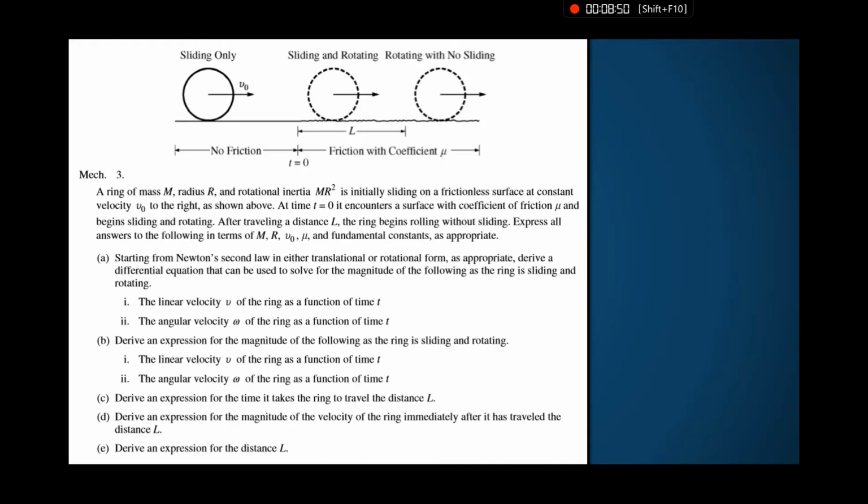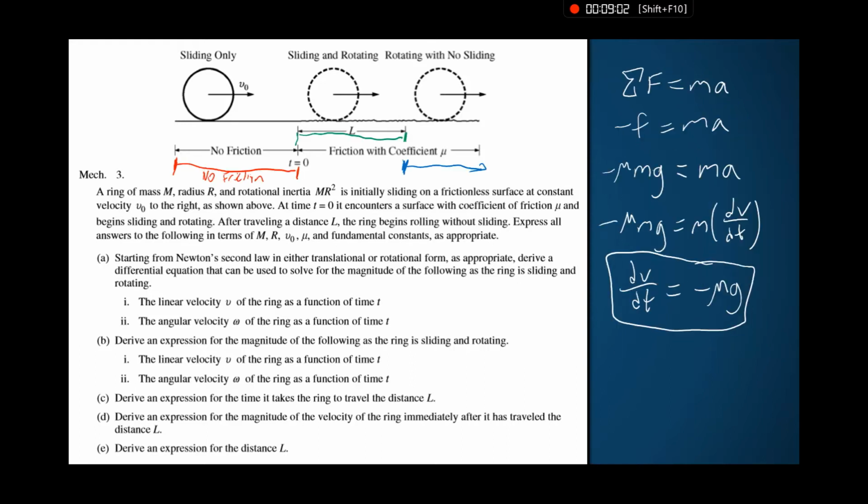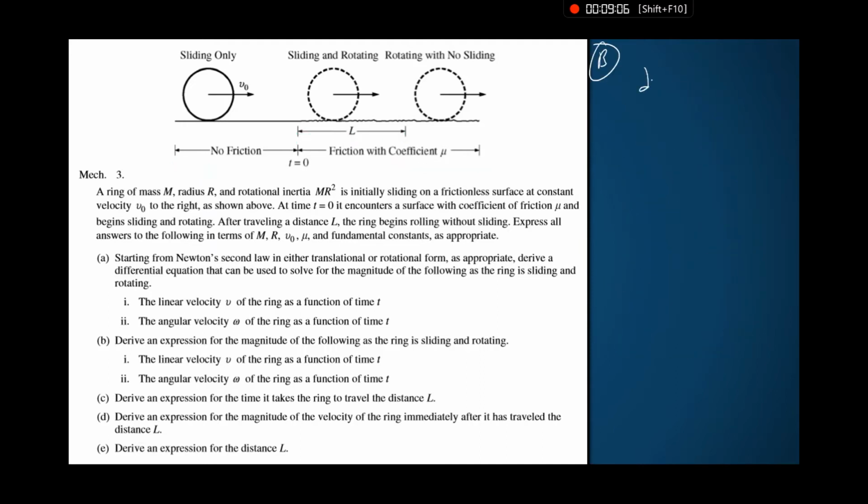So that was A1 and 2, so we're on B now. I want to derive an expression for the following as the ring is sliding and rotating. First is linear velocity as a function of time. Okay, I'm going to go back. So we have dv over dt is negative mu g. How could we get an expression for the velocity at any time?